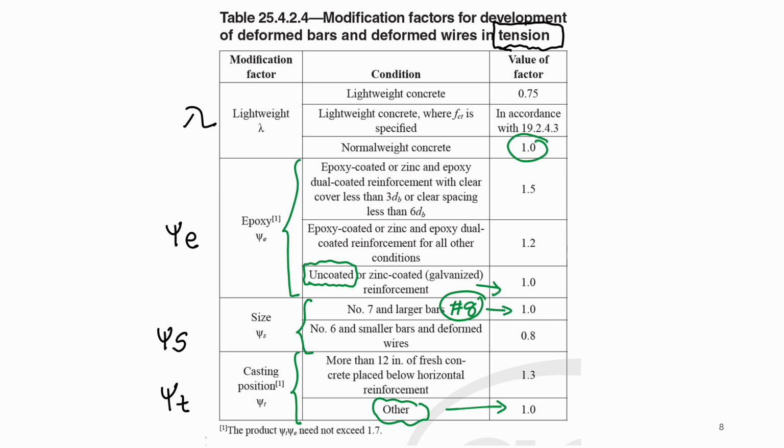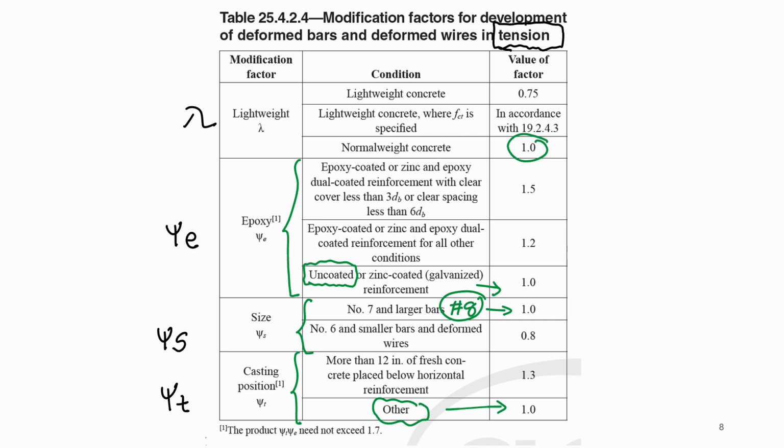And then we have the term Psi-e, which is epoxy. Now we have different conditions. For instance, if we have uncoated or zinc-coated galvanized reinforcement, we are using 1. For Psi-s, that is the size, for number 7 and larger bars we are using 1.